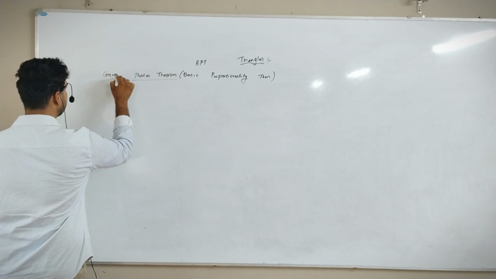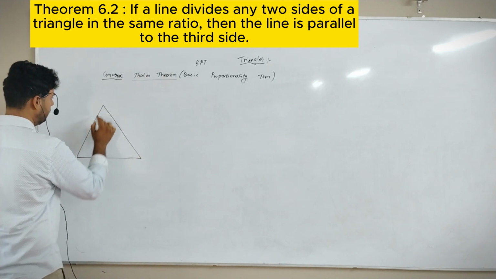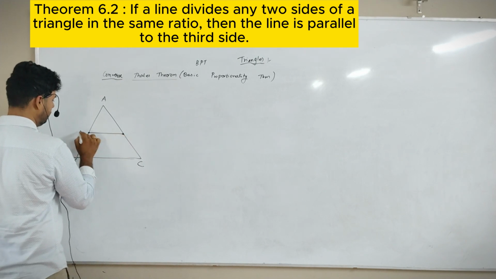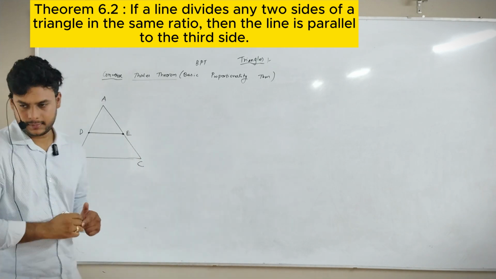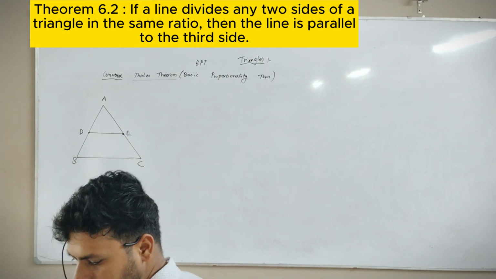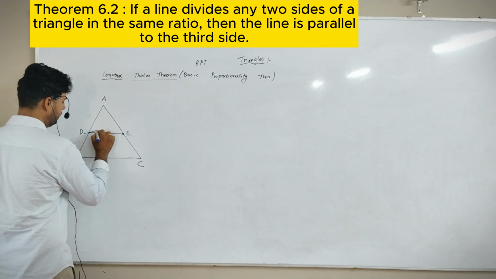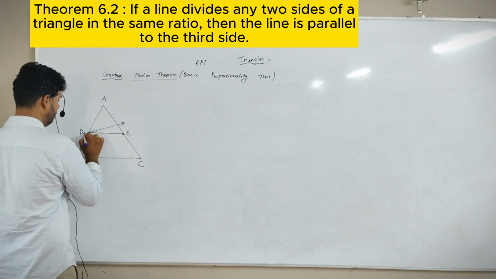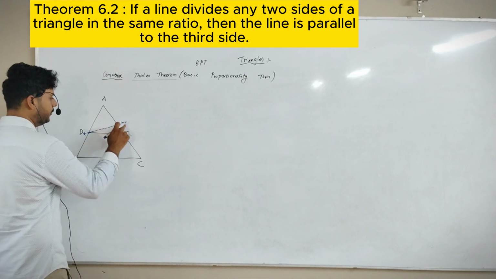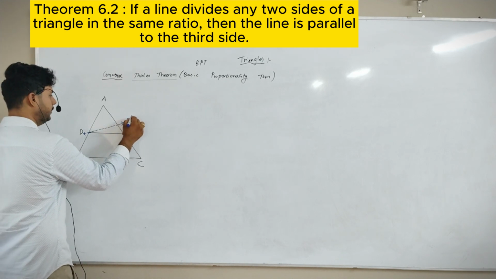Theorem 6.2: If a line divides any two sides of a triangle in the same ratio, then the line is parallel to the third side. What have they taken here? E dash.